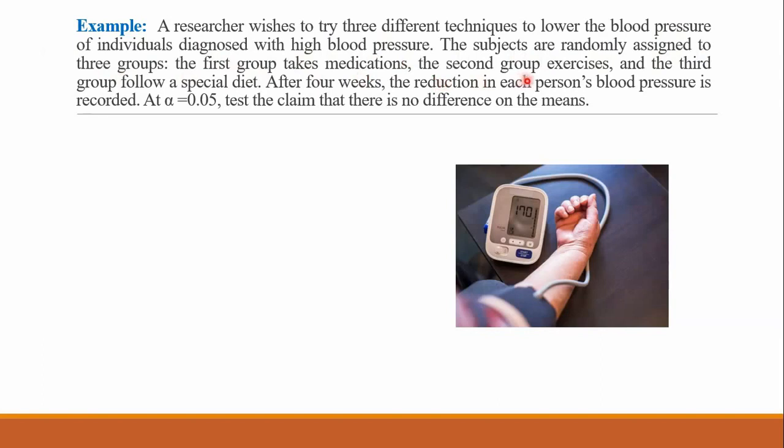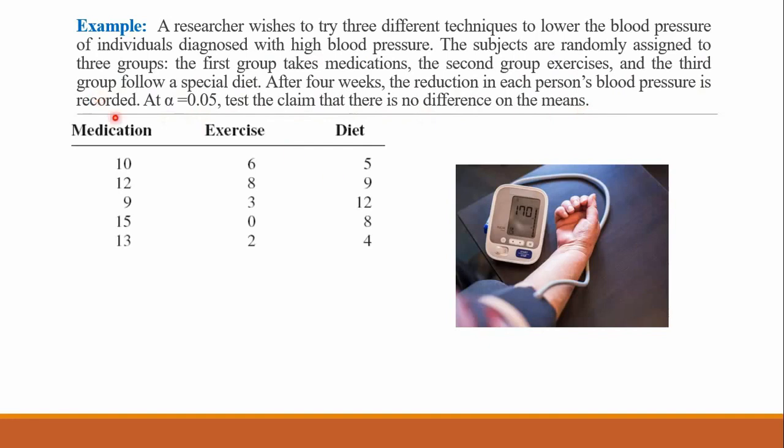The second group exercises. And the third group follows a special diet. After 4 weeks, the reduction in each person's blood pressure is recorded. At alpha equals 0.05, test the claim that there is no difference in the means.